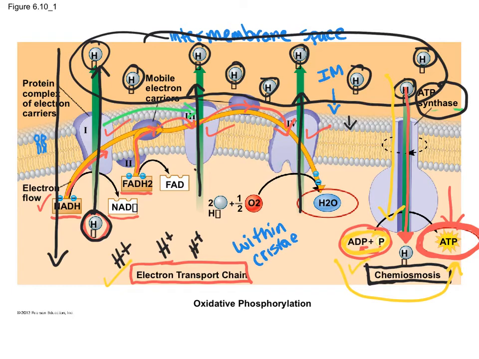Second, understanding what happens in chemiosmosis. Remember, the electron transport chain is where just enough energy is released to pump hydrogen ions across the membrane to set up the gradient. And then those hydrogen ions pass through ATP synthase, and as they do, they create energy to phosphorylate ADP, and that's what makes these large amounts of ATP.